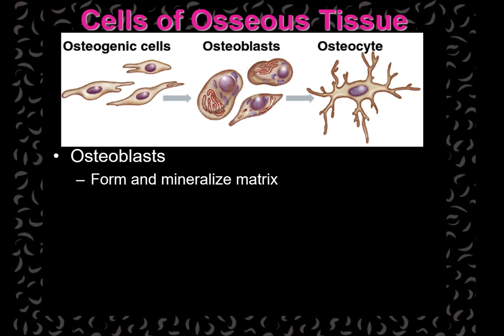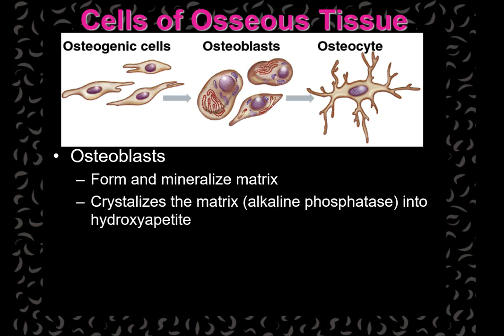So osteoblasts form and mineralize the matrix. When they are done and they're no longer going to do anything, they're no longer a blast, no longer an immature cell, they're now a cyte. So the cells that were blasts become osteocytes, and then they don't do much as far as laying down new bone. But the osteoblasts do.